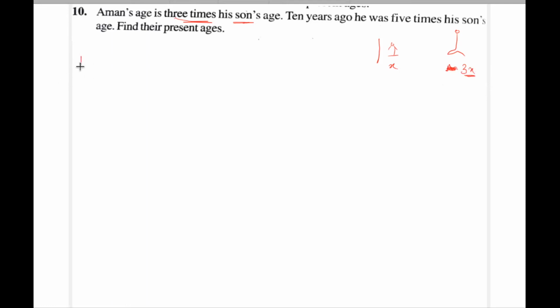So, let the present age of son equal x. And therefore, the present age of Aman will be equal to 3x, as it is 3 times his son's age.